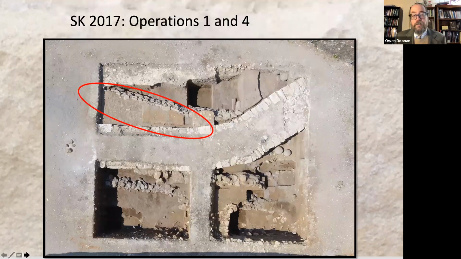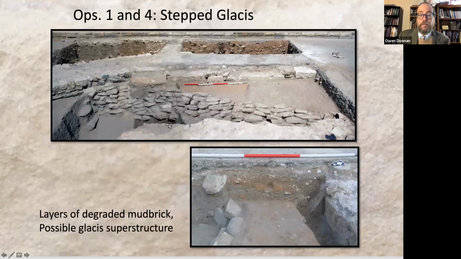Now, in our excavations, this little wall here, you may have noted it. This wall is made of very smoothed, water-smoothed cobbles, and fairly regular in size and form.